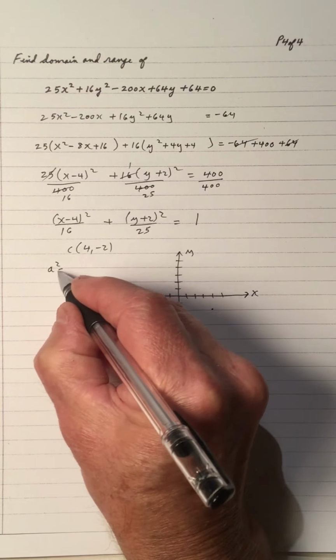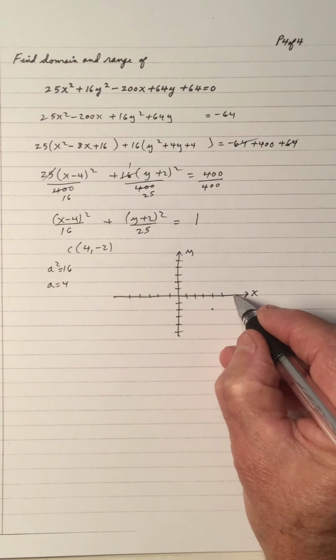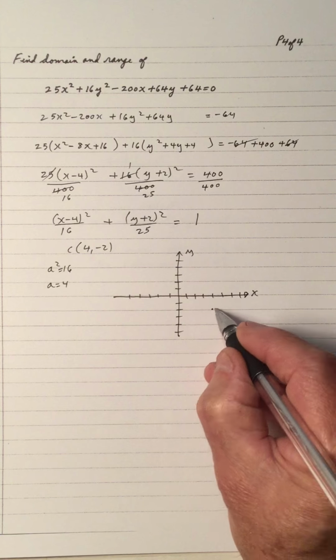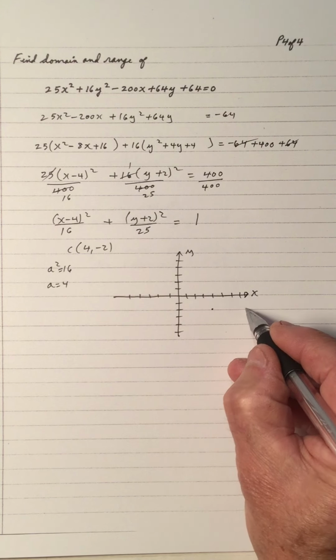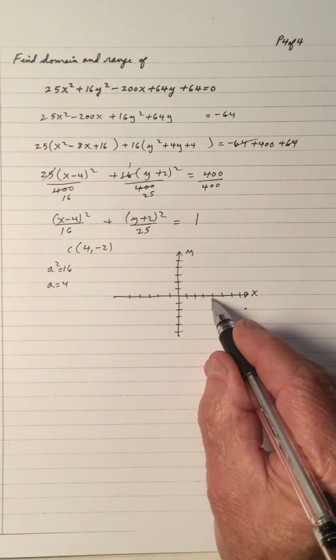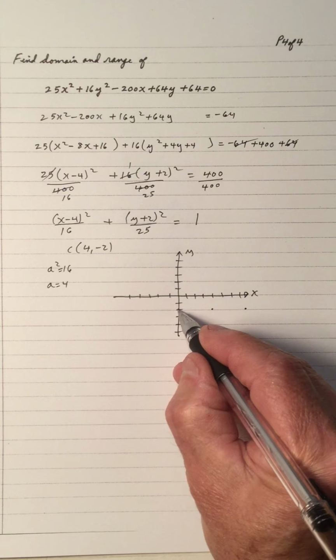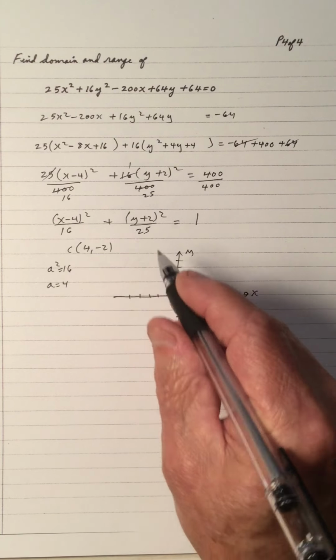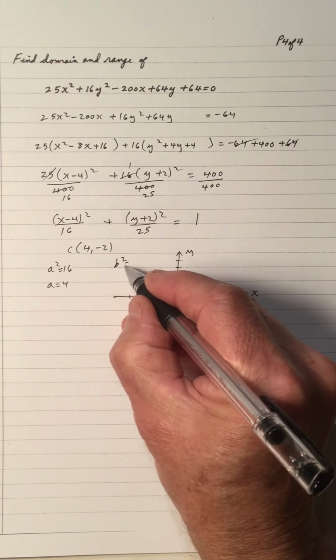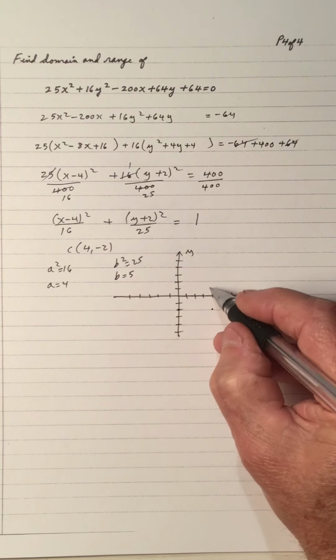So a squared is 16, so a is 4, so the horizontal stretch is 4. So we'll go 1, 2, 3, 4 there. The horizontal stretch is 4 to the right and 4 to the left, 1, 2, 3, 4, right there. And b squared is 25, so b is 5, so the vertical stretch is 5.